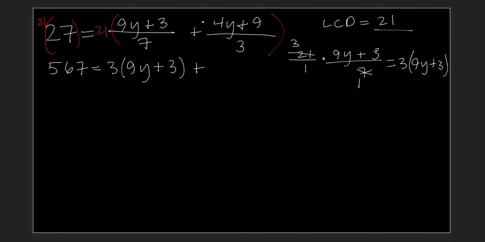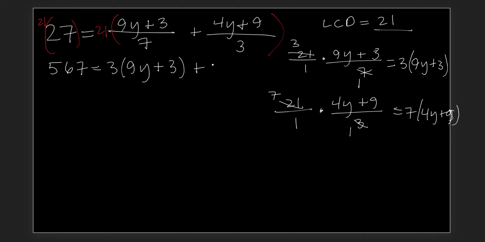And then plus 21 times all of this. So that'll make 21 over 1 times 4y plus 9 over 3. So 3 goes into 3 one time, 3 goes into 21 7 times. So we'll have 7 times 4y plus 9.